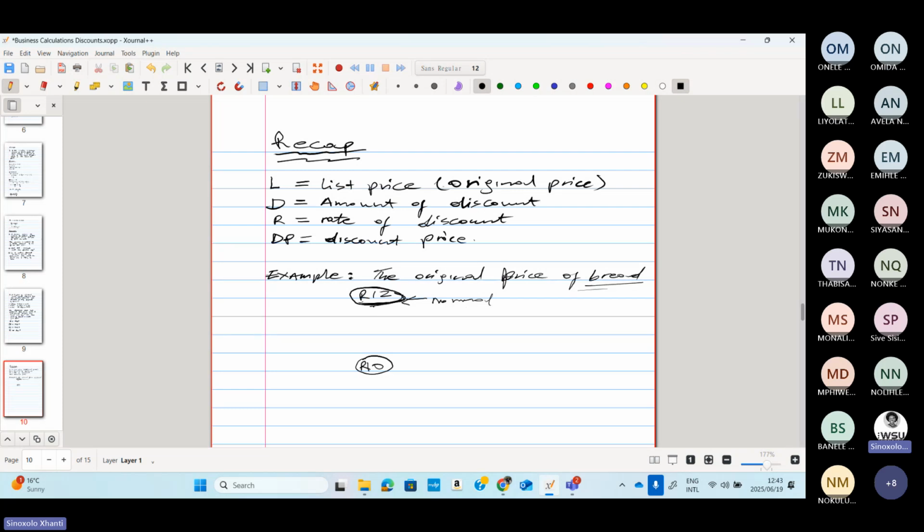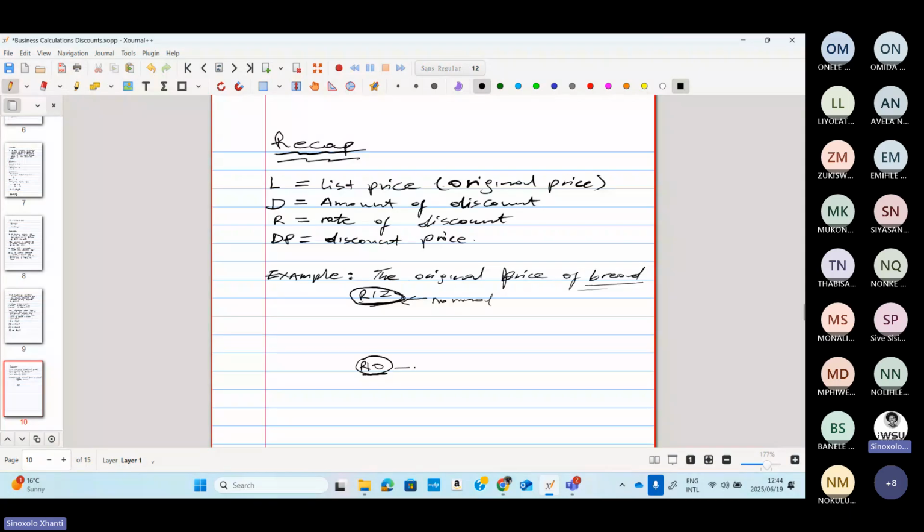But because they realized you are a loyal customer, you've been coming here often, they decided to sell this bread to you for just 10 rand.